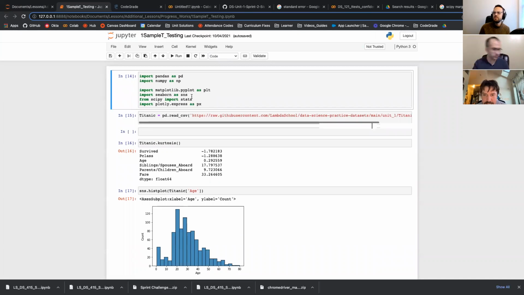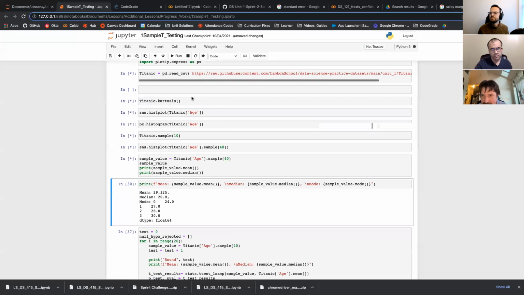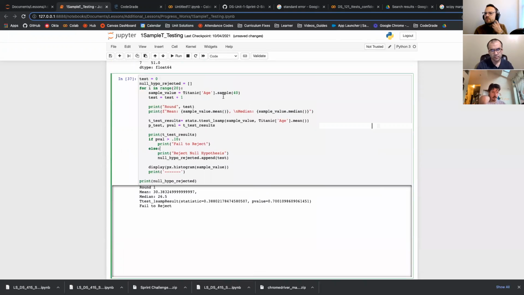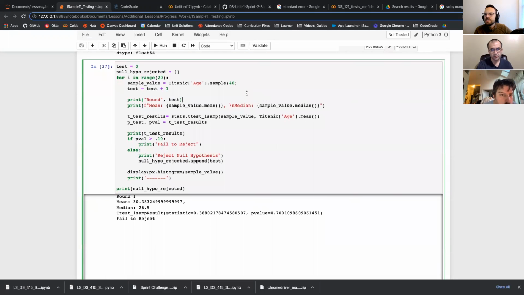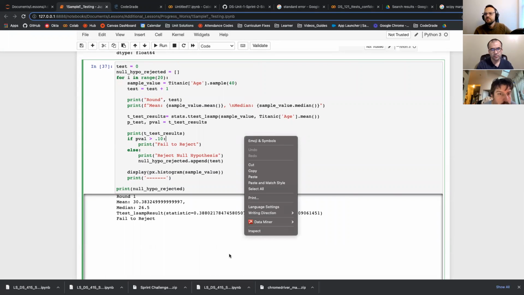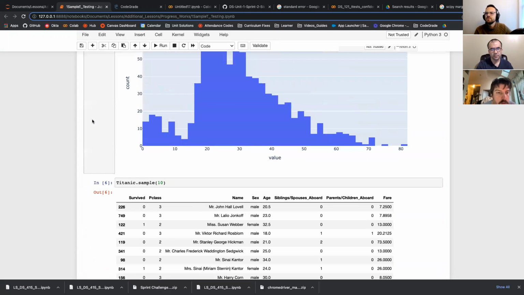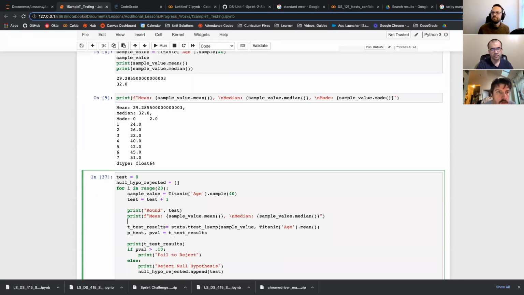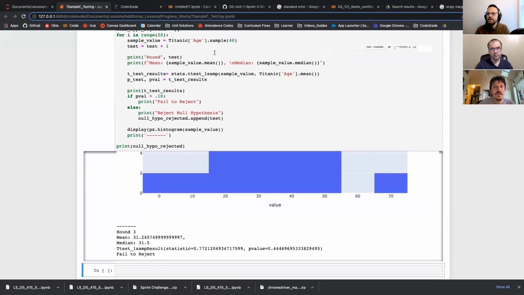All right, so we've got a bunch of different modules here to run through, but what I want to show you is this for loop. What this for loop does is you take a series of samples from your values. There we go.